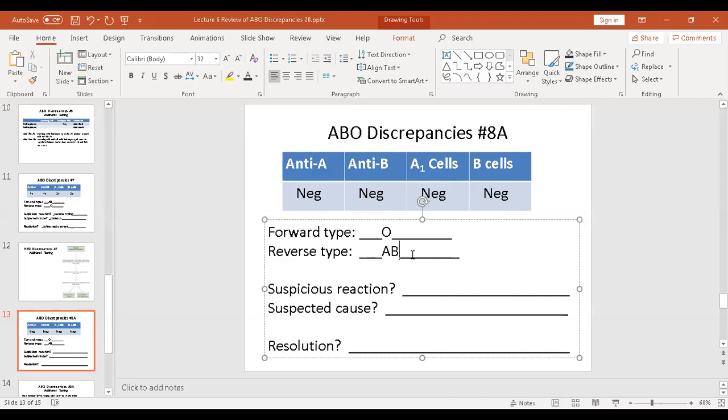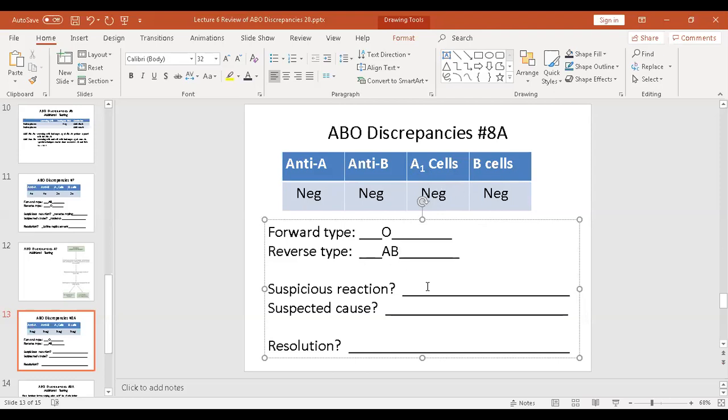It's kind of hard because we have nothing. So we want to think that there are some reactions that are missing in this case. Usually antigen reactions are strong and it's hard to have missing antigen reactions. Remember, in reverse typing, we're using patient serum or plasma to see which antibodies our patient has.